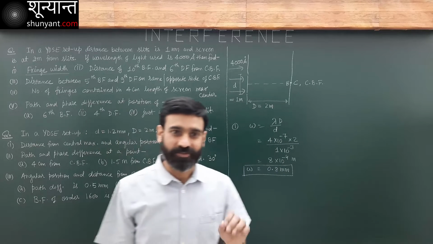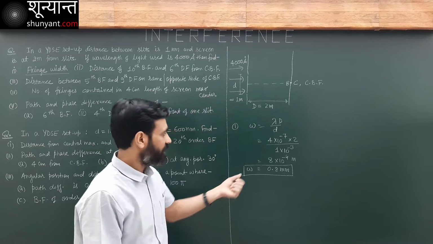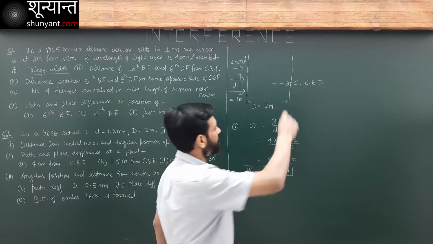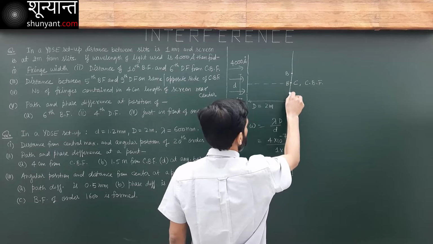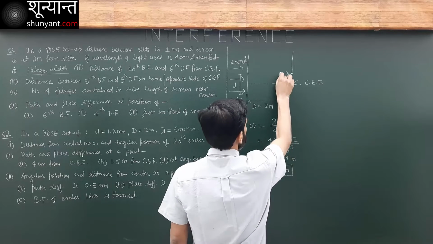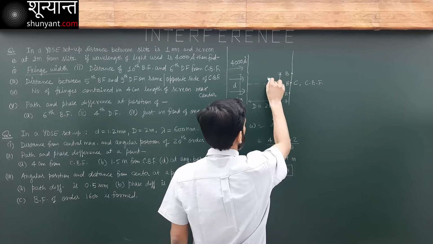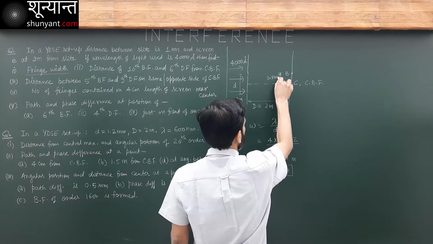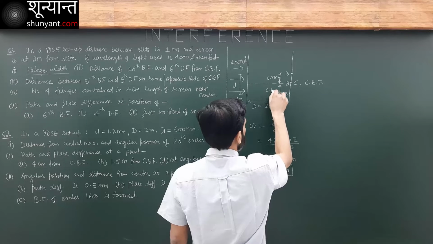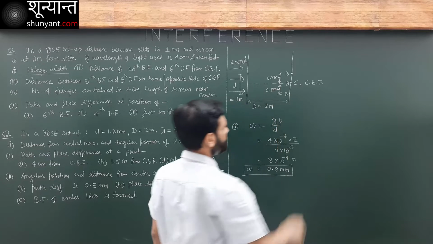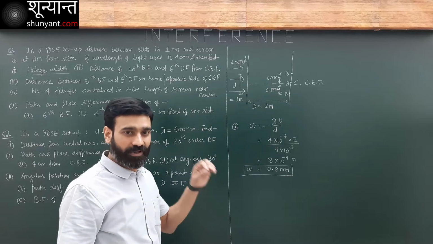Where will be the next fringe? Next fringe will be at this distance. On either side, this distance is going to be 0.8 millimeter, on both sides. This is the first bright fringe.